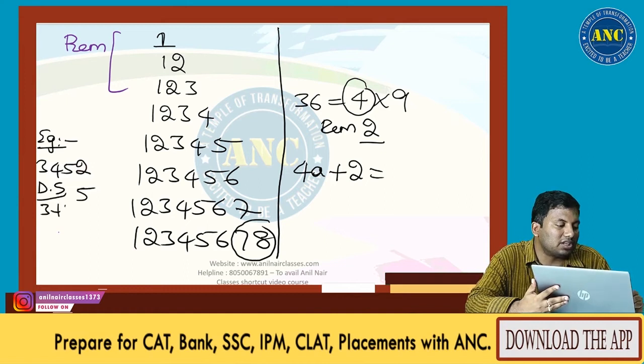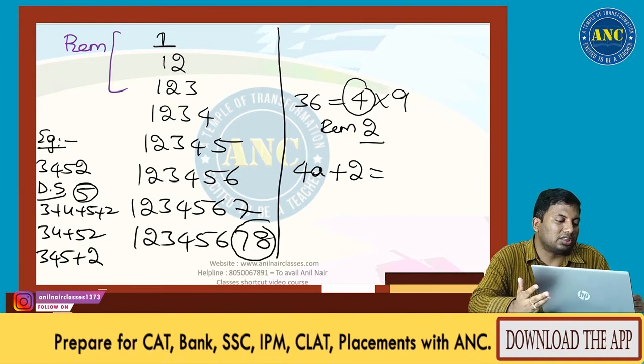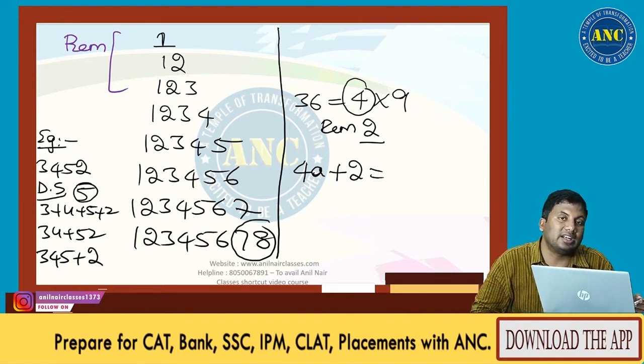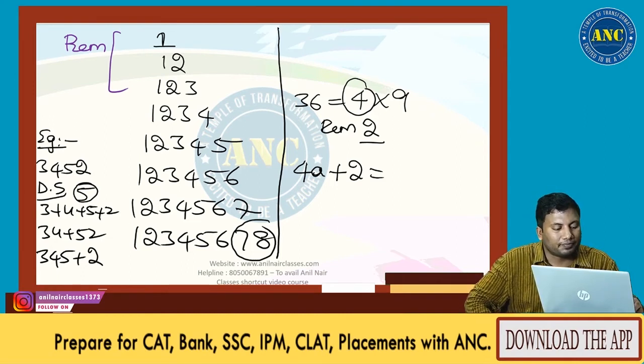Even if you take 34 plus 52, or 345 plus 2, digital sum will not change. Check here, 34 plus 52 is 86, which is 5. 345 plus 2 is 347, again digital sum 5.